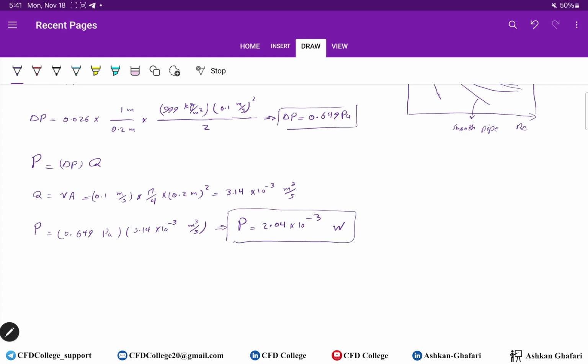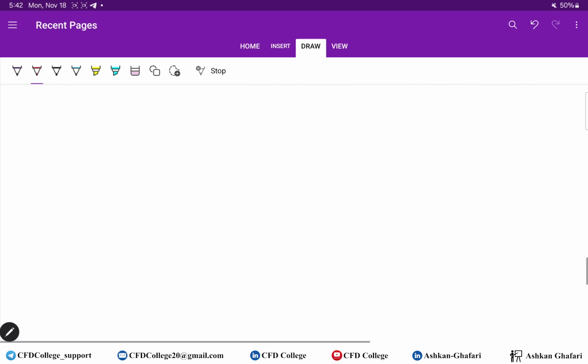And if you want to know, Pascal equals Newton per meter square. So we have Newton meters per second. Newton times meter is joule, and joule per second is watt. So that's the second problem, and we have one more problem.